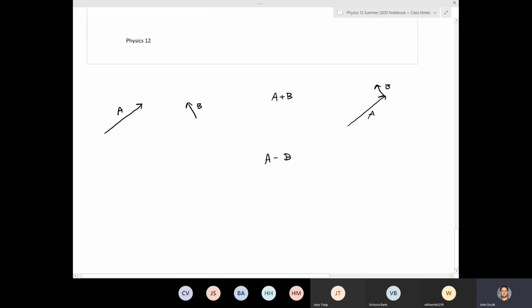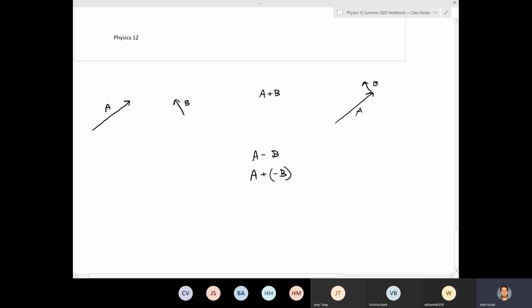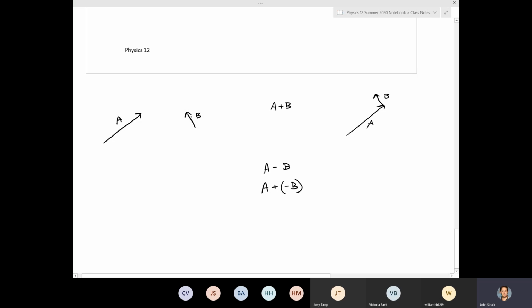The way we do this is you need a way to subtract this from A. Instead of doing vector subtraction, we're just going to do vector addition again, but like this: A plus negative B. It's the exact same arithmetic as A minus B, but it allows us to visualize it a little bit better. If B is this arrow right here, then negative B would be the exact same thing, but in the opposite direction.